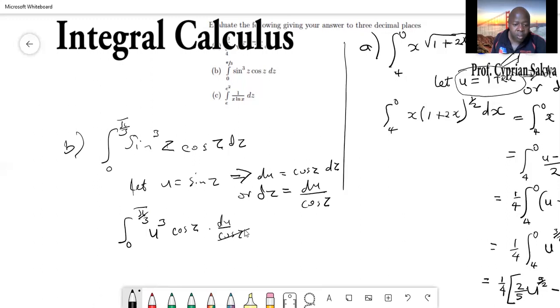So at this point you can see that cos z will cancel, so what we will be left with will be the integral of u raised to 3 du from 0 to pi over 3.